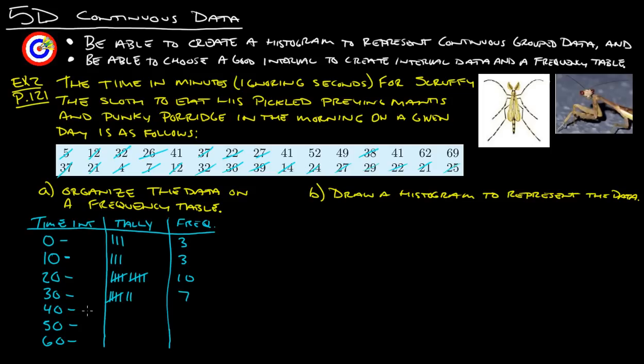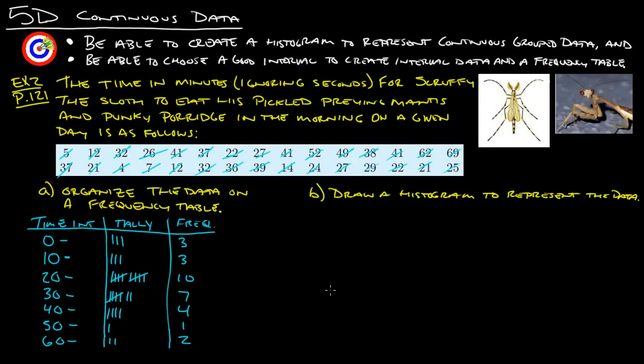You just really need this piece. But we've already started it, so we might as well finish. 40s, 1, 2, 3, 4. There's no numbers left in the bottom, so just 4 for 40. 50s, there's 1. And then for the 60s, we just have 2 of those. So there is our frequency table.